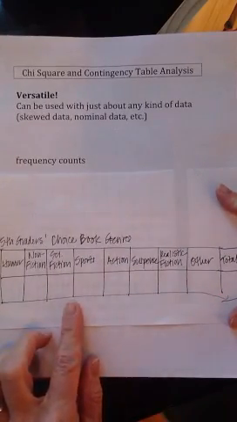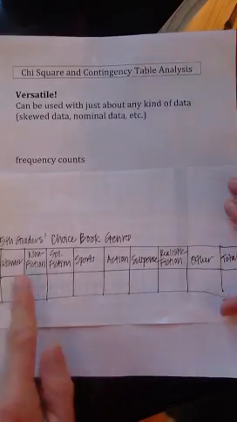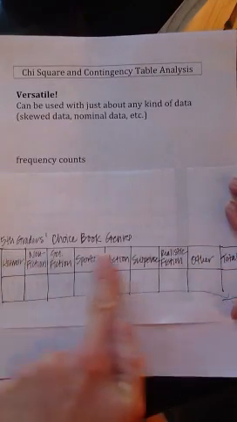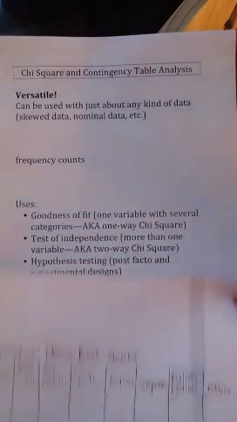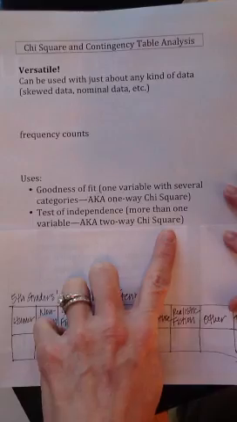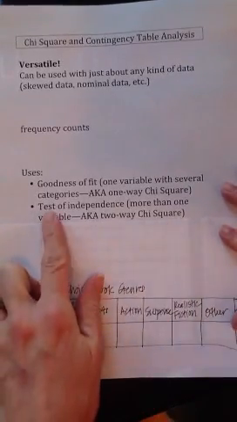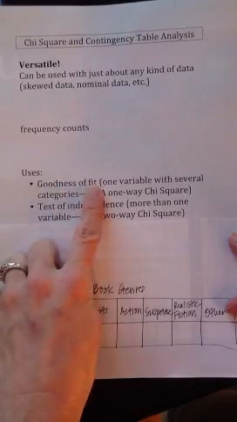This is what is called a one-way chi-square because we only have one variable. In this case, it's book genres. Now, if we have more than one variable, we're doing what's called a two-way chi-square. And for that, we do what's called a test of independence as opposed to a test of goodness of fit.